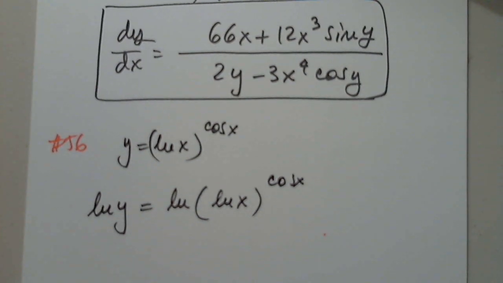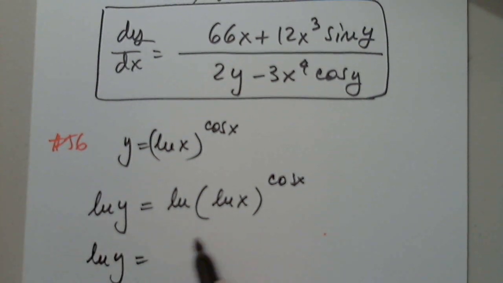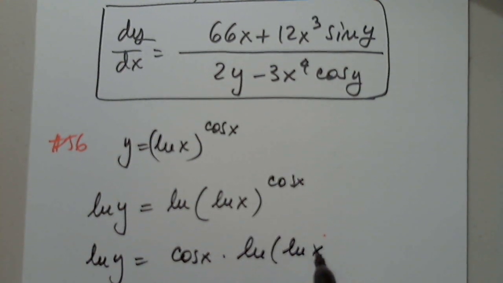What is the next step at this point? Bring the cosine down. Yes, we are applying a property of the log. That's why we apply log, right? Natural log y equals cosine x multiplied by natural log of natural log x.